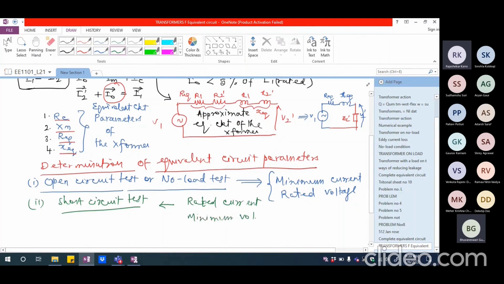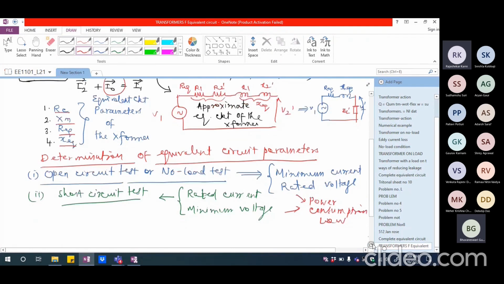So we are going to have this particular test, that is the short circuit test, conducted at rated current but minimum voltage. So in both cases, the power consumption is going to be minimal. You are not going to see a very high power consumption at all. Power consumption is going to be low.